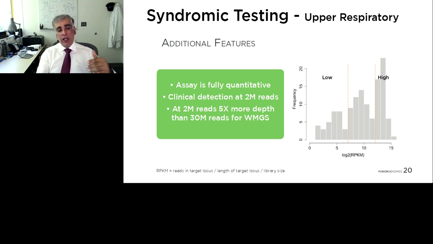And the third point is that at 2 million reads, we have about 5 times more sensitivity than if you were to take that same sample and do 30 million reads for whole metagenome.